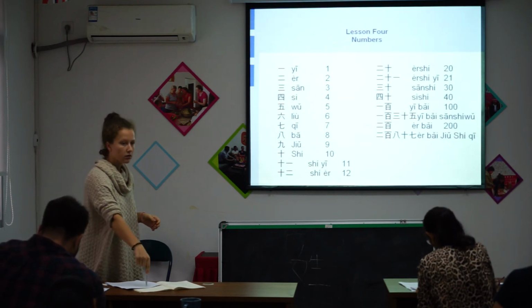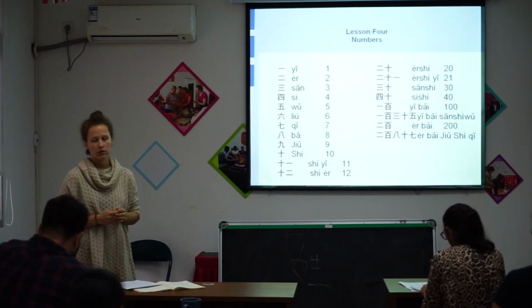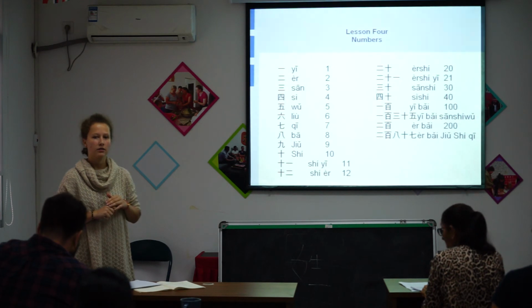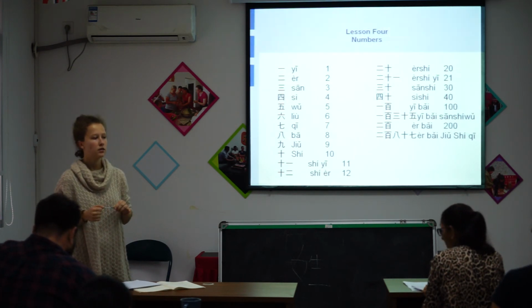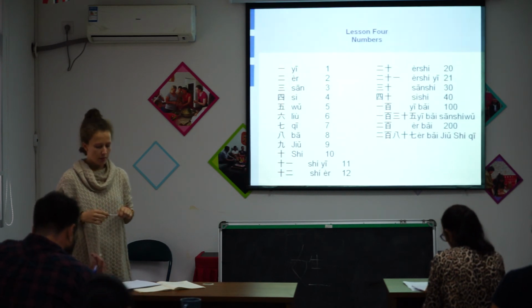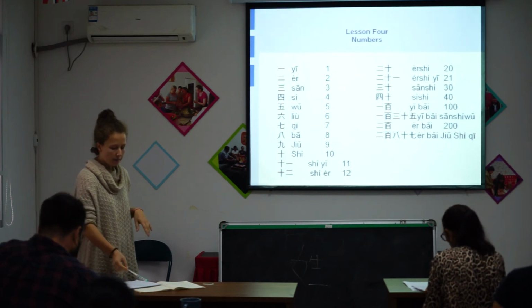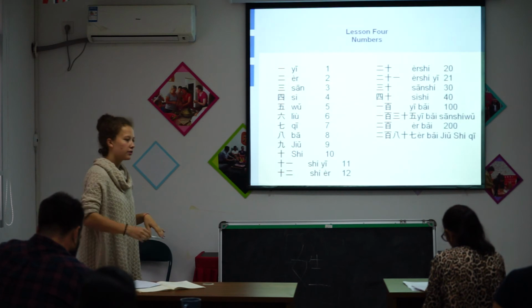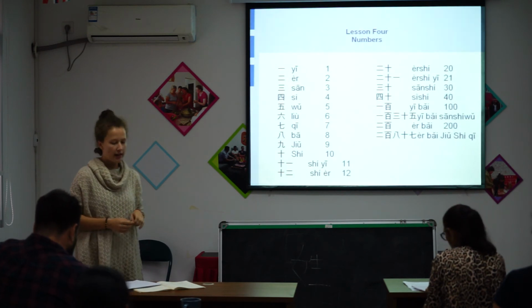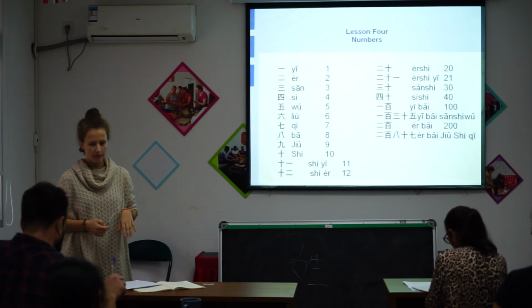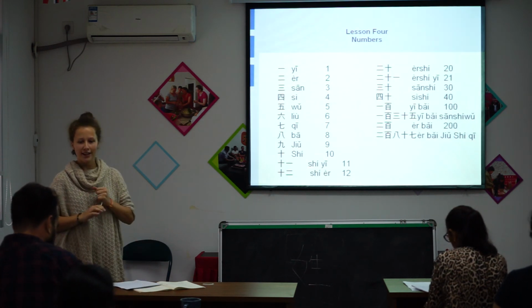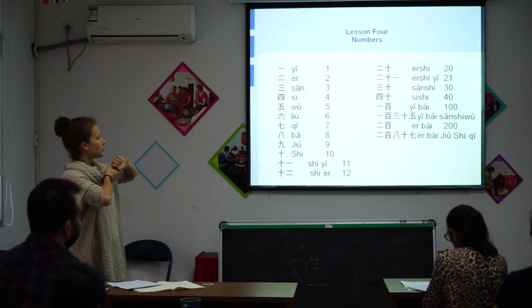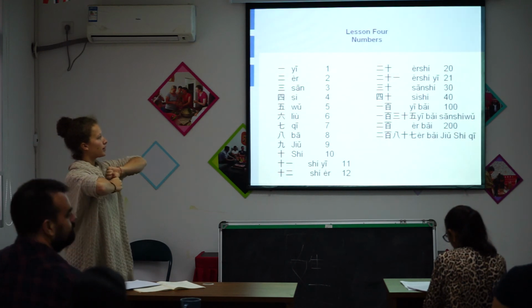Number 3. 22. How much is it? 22. Very nice. Number 4. 18. Yes. 43. Yes. In Chinese? 43. Very nice. So we learned the numbers, and I think we will practice more next time.